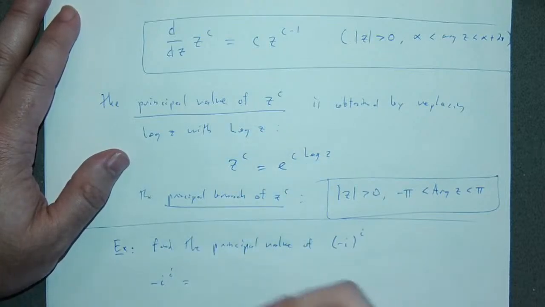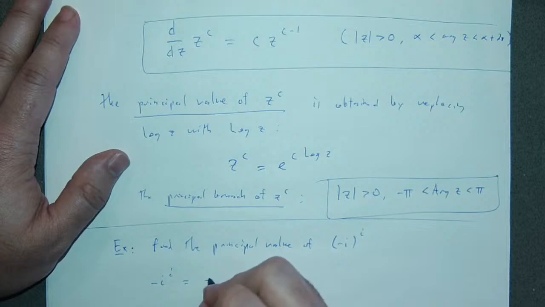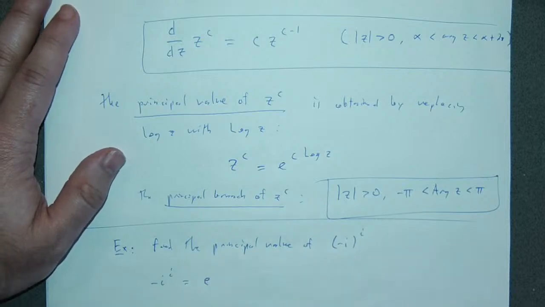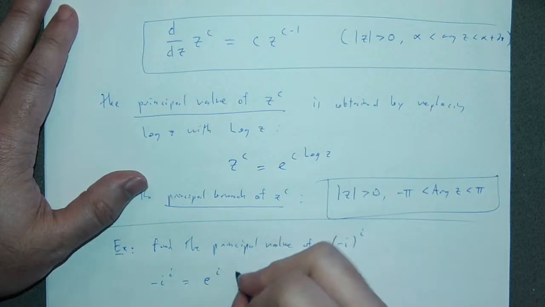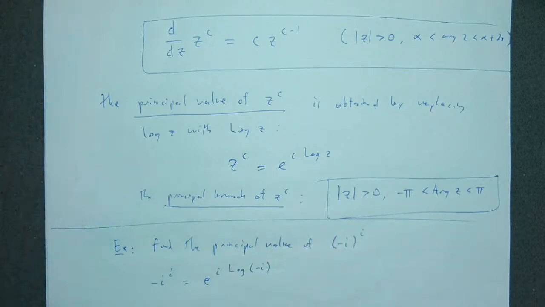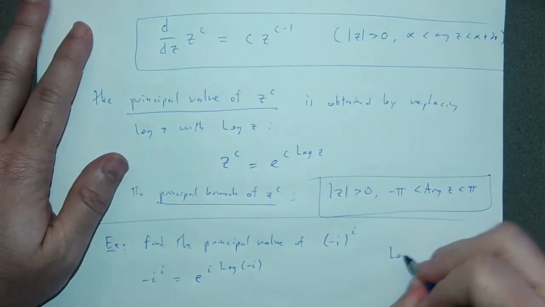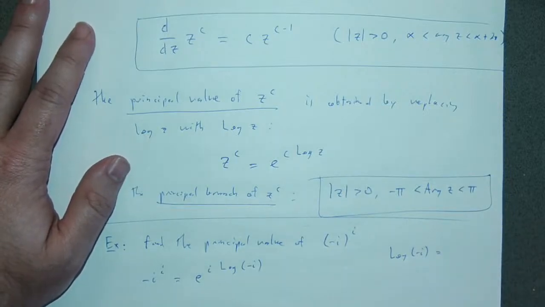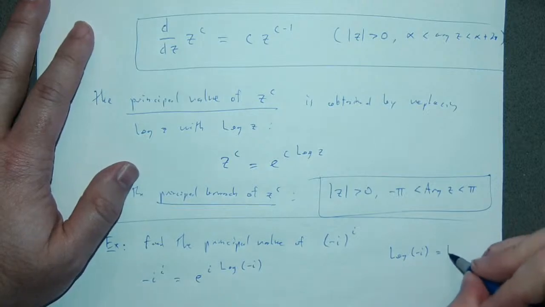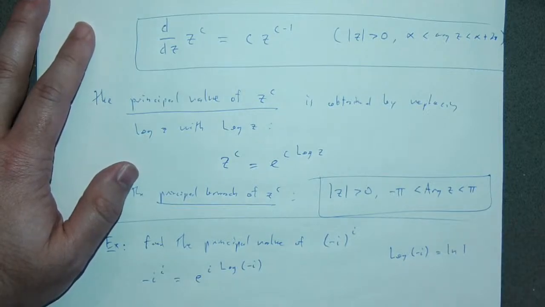So this is going to be e to the i times principal log of minus i. Okay. What's the principal log of minus i? So this is natural log of the modulus of minus i, which is natural log of 1. All right, so this is natural log of 1. Okay.